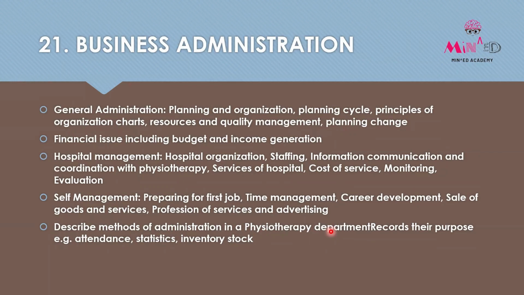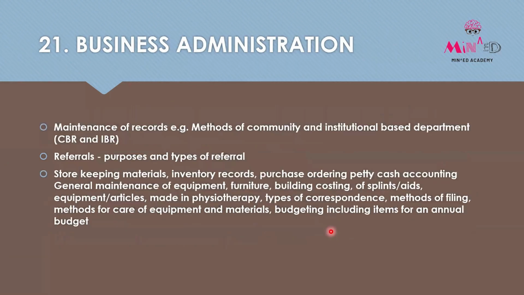If you're working in a hospital or in a clinical setup, how will you manage everything? Then we have maintenance of records, referrals, and store keeping materials, inventory records, purchase, ordering, petty cash, accounting, general maintenance of equipment.